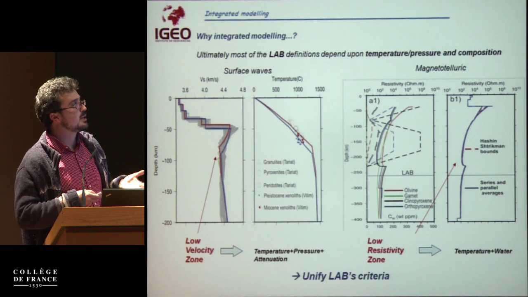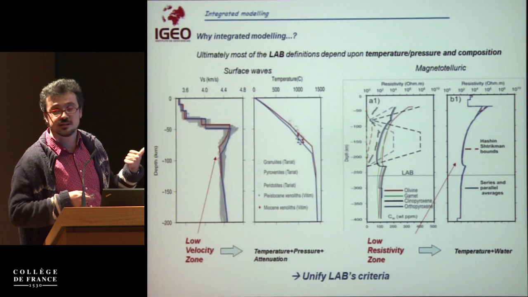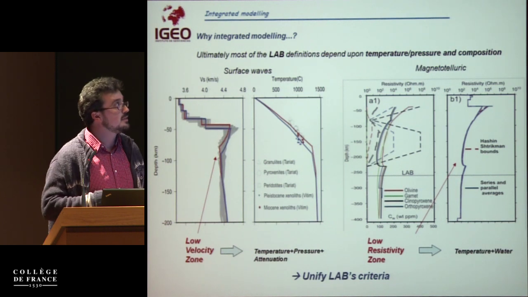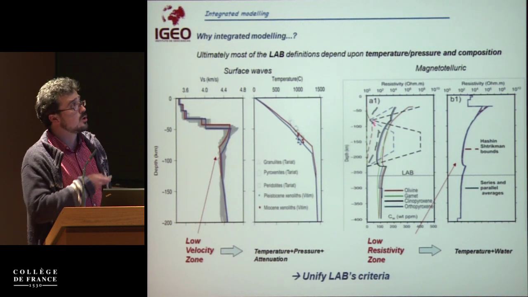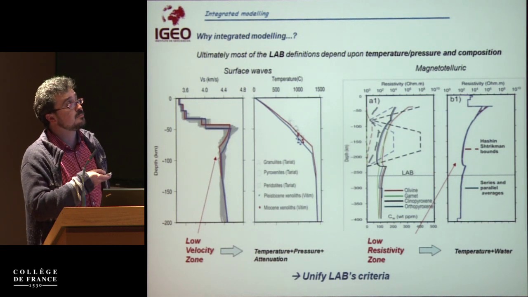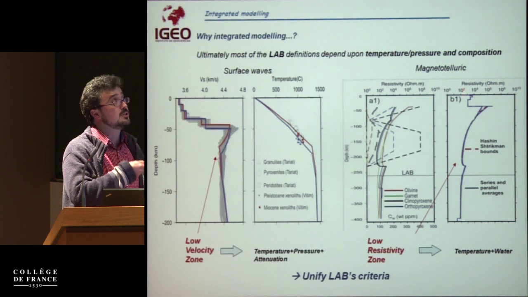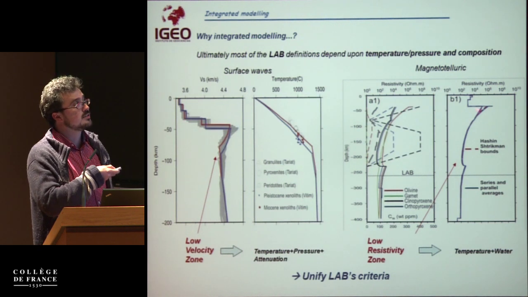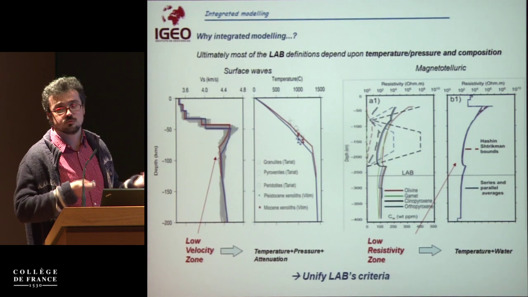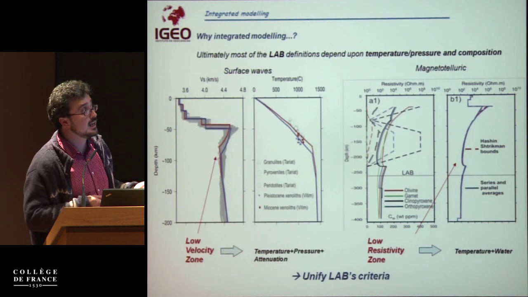But what I'm trying to say is that, in a way, the seismic LAB can be reduced to temperature, pressure, and attenuation variations. Or if you have a look at this profile, this is an electrical resistivity profile from Cabell Creighton, actually. You can see there's a low resistivity zone here, which we would traditionally interpret as the electrical LAB.